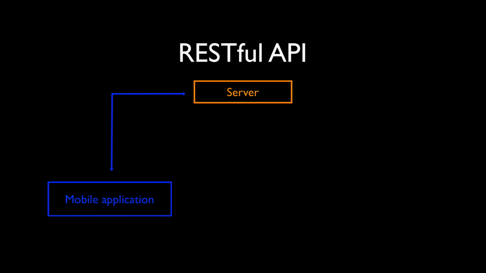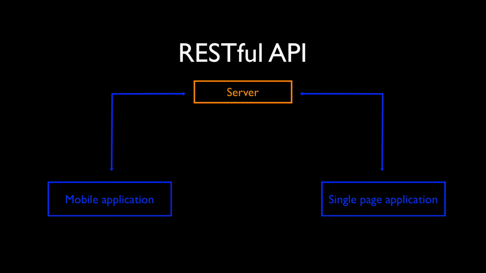One more example may be a single-page application. Here we actually have a web page, but we need HTML only for the first request. For all other requests we only want to exchange data, send something to the server and receive some data from it. So, the main difference with a traditional web page is that in all these cases we don't care about HTML. We just want to send data back and forth.